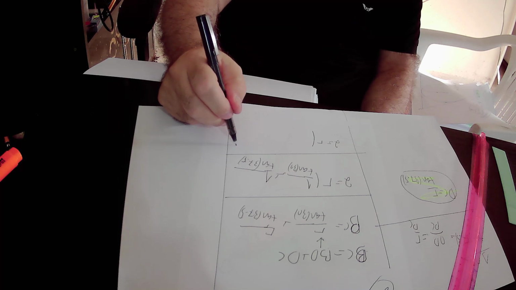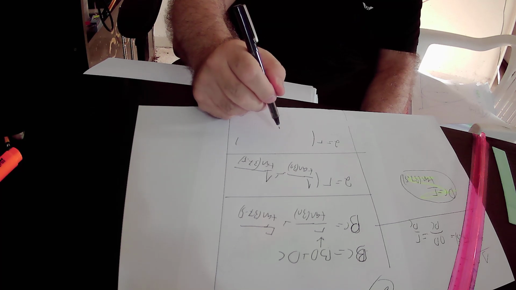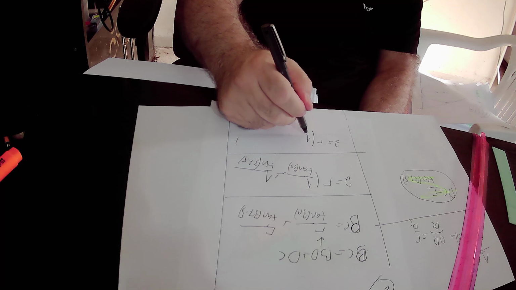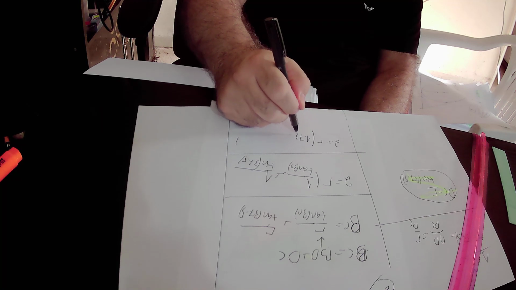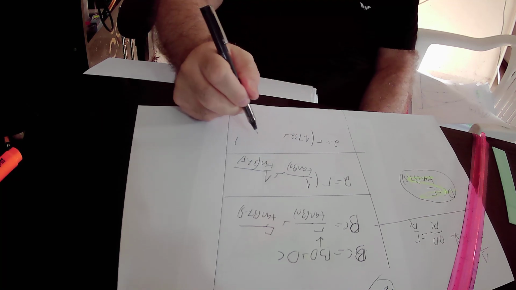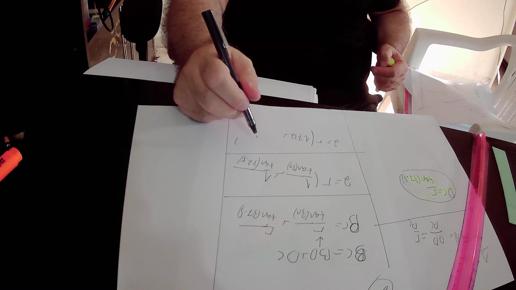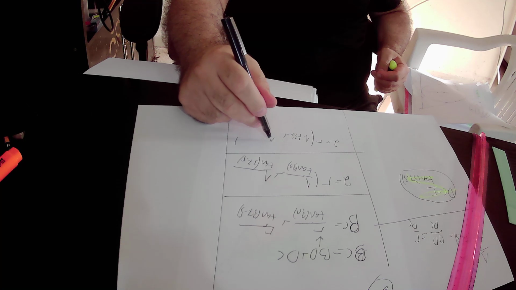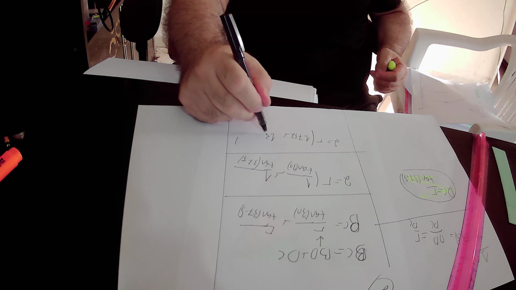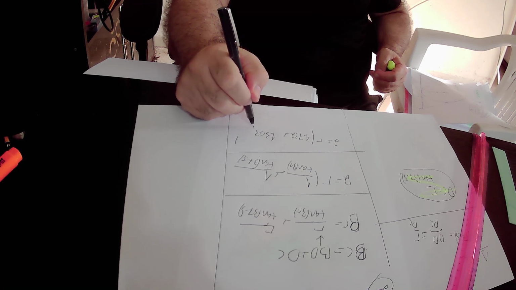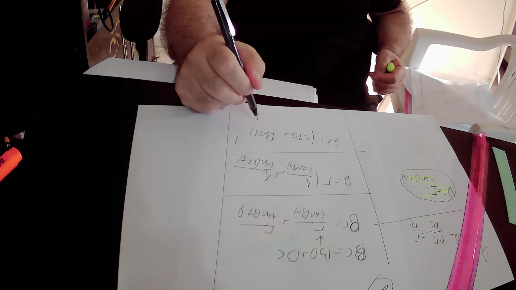So here 1 over tangent 30 degrees equals 1.732, and 1 over tangent 37.5 degrees equals 1.303.